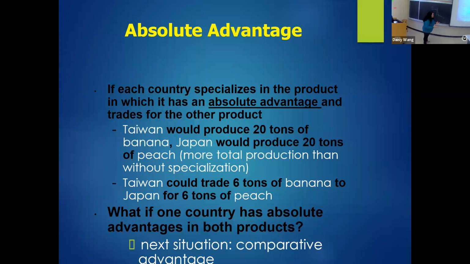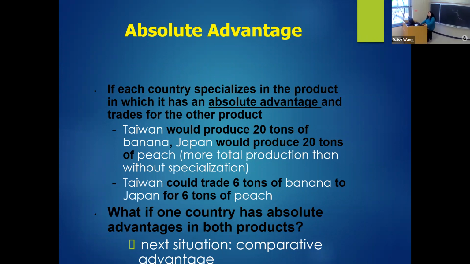So together, they can make 20 tons of banana, 20 tons of peach, and they can trade. So if we trade 6 tons of banana to Japan for 6 tons of peach, then in Taiwan we'll end up with 14 tons of banana, 6 tons of peach, and Japan the other way around. But no matter what, we'll be better off compared to if we don't trade, right?